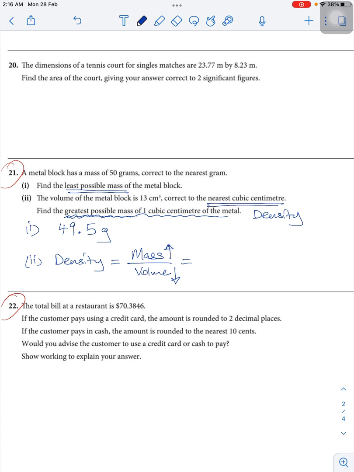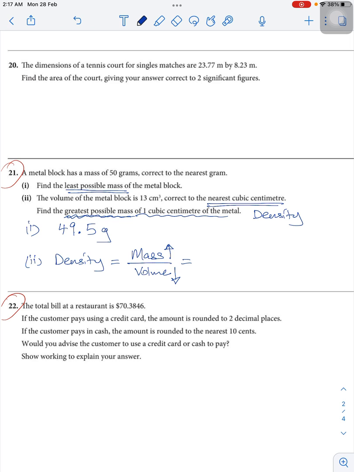If you notice the denominator, as it gets lower and lower, the whole density will increase. Likewise, the numerator must be as big as possible so that the density will also be as great as possible.